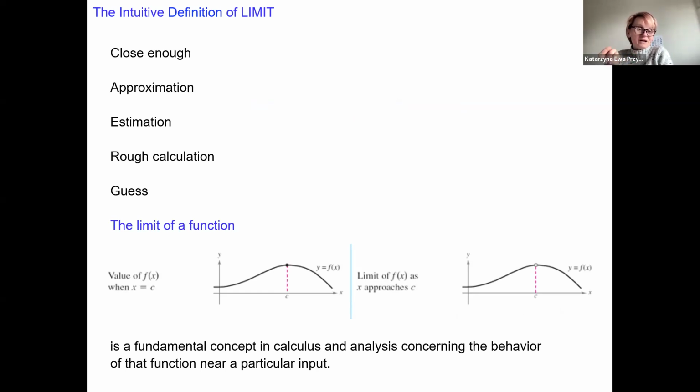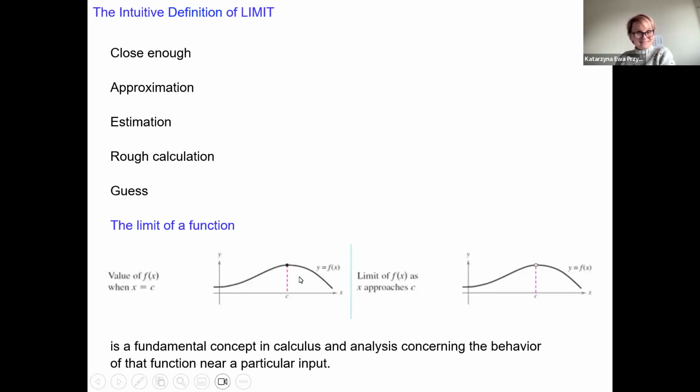Sometimes it will be a rough calculation, a guess. I don't know if guess is a good word, but let's say educated guess, not a wild guess. You can think your own way, but think about these descriptive words. And today we will look at the limit of a function, the limit of a certain model.